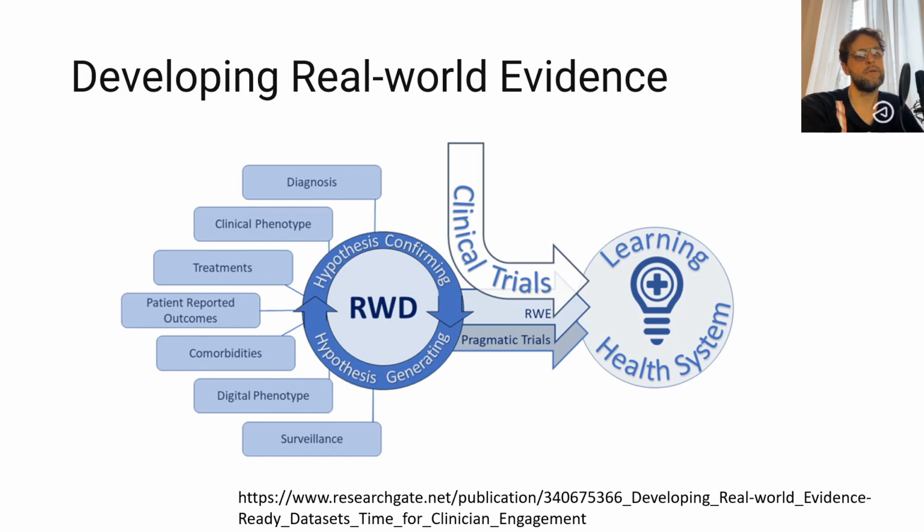So we need to have surveillance. Data phenotypes will be different, of course, because the number of patients is much bigger than in a clinical trial. There will be comorbidities when we have several diseases at the same time, and we need to work with them as a combination of treatments and diseases.